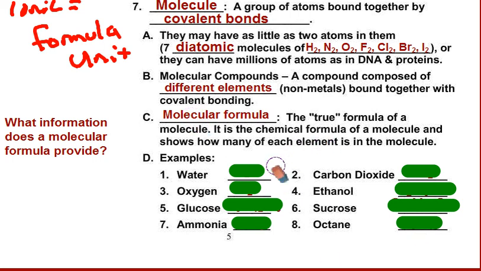So, for example, in every water molecule, there are two hydrogens and one oxygen. In a single carbon dioxide molecule, there is one carbon and two oxygens. In an oxygen molecule, there are two oxygens. Remember, it's one of the magnificent seven up here.